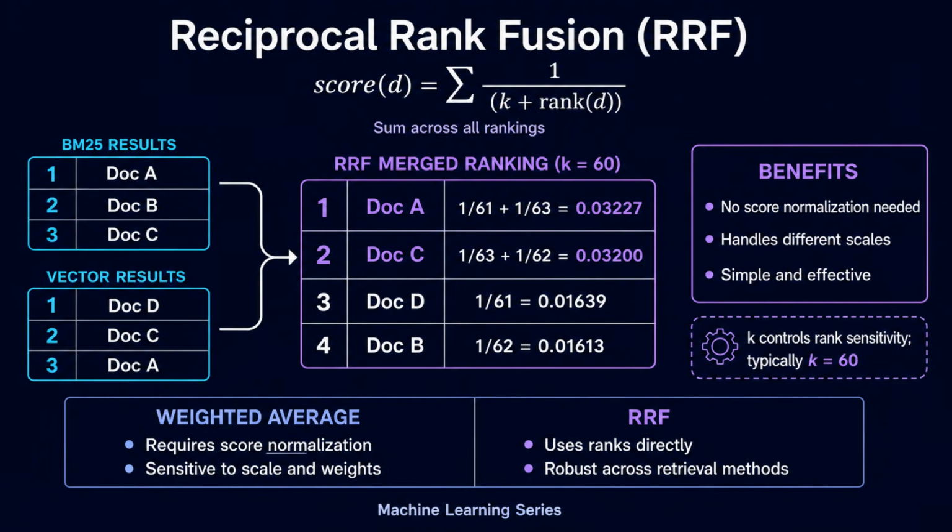Different search systems produce scores on different scales, but ranks are always comparable. The K parameter, typically 60, controls how much position matters. RRF is simple to implement and widely used in hybrid retrieval, though the reference implementation in this chapter fuses its two result sets with normalized weighted scoring instead.